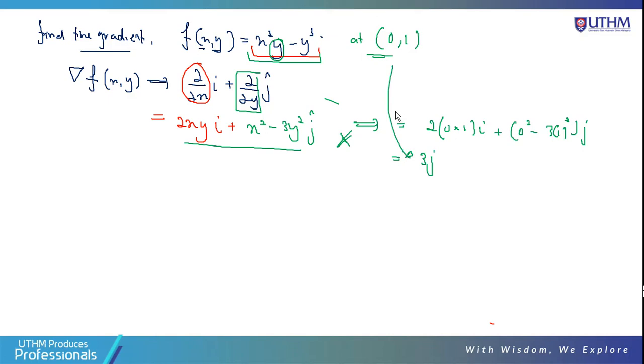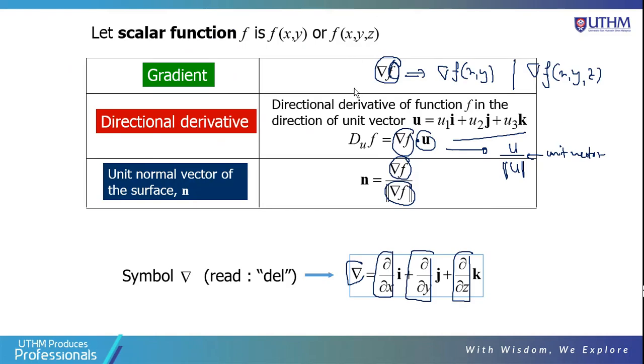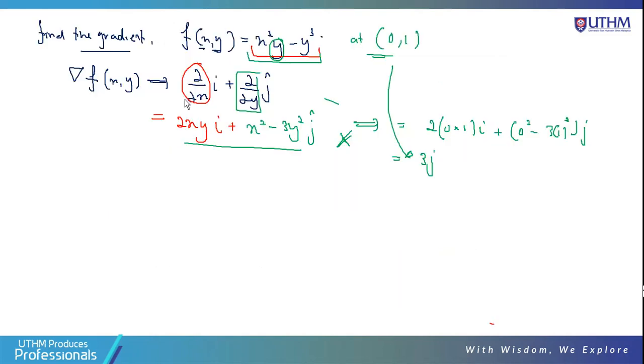Okay, for the directional derivative, this one, directional derivative. So let's say the question is given: find the directional derivative, find Du. Okay, Du represents this notation, which refers to the directional derivative of a scalar function.